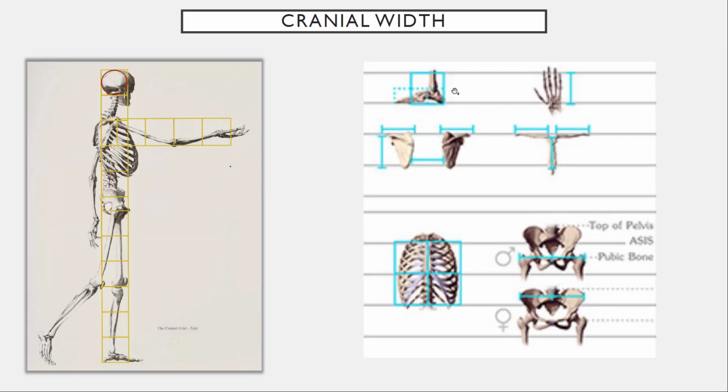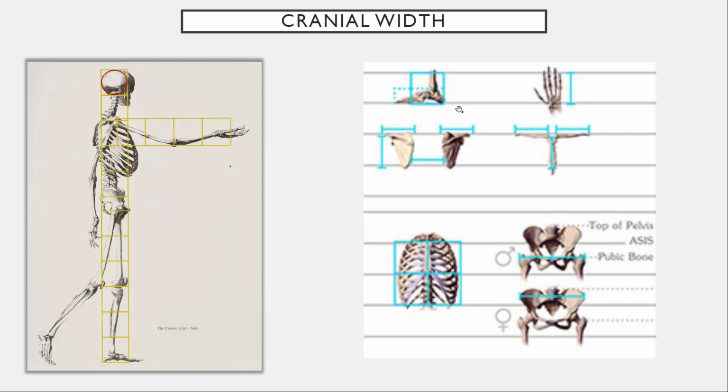That cranial width can also be applied to, well, here it is, the scapula again, the sternum, the rib cage, the distance from the medial area of the body out to where the greater trochanter is, the width of the pelvis, and then how does it relate to the foot, the length of the foot, or the length of the hand.